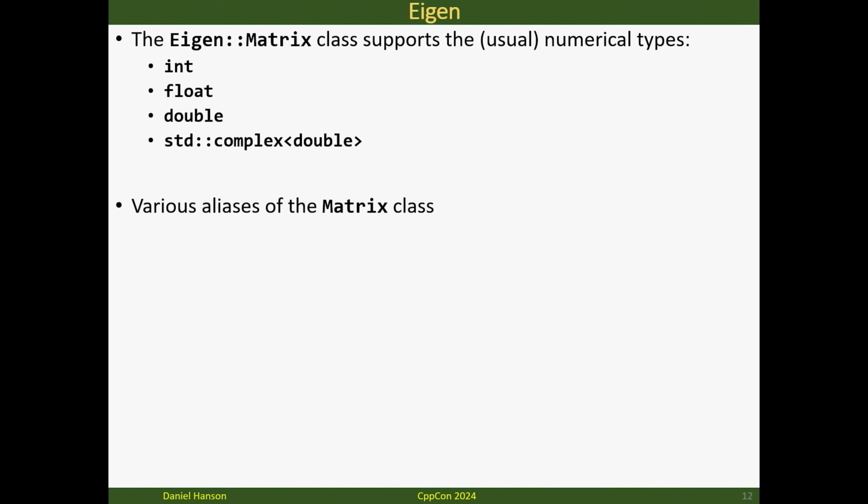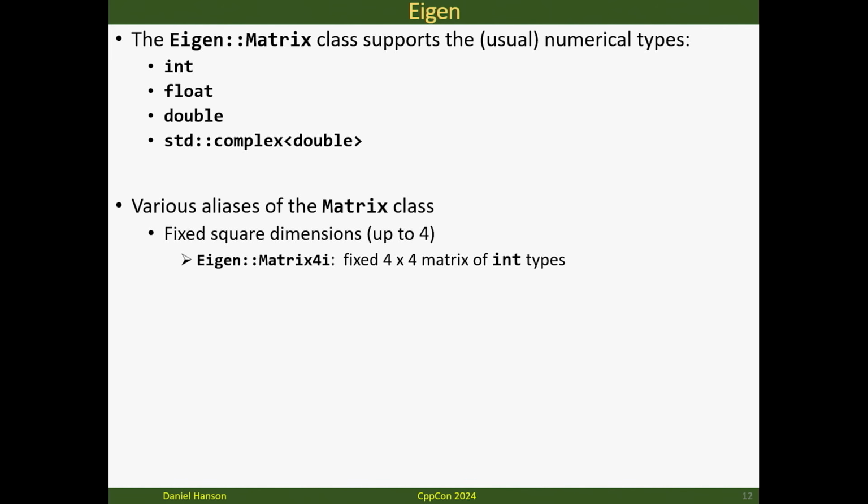There are various aliases of the matrix class. First of all, there are aliases for fixed square matrices up to 4 by 4. So for example, a matrix 4i represents a 4 by 4 matrix of integers, and a matrix 3f is a fixed 3 by 3 matrix of float types.